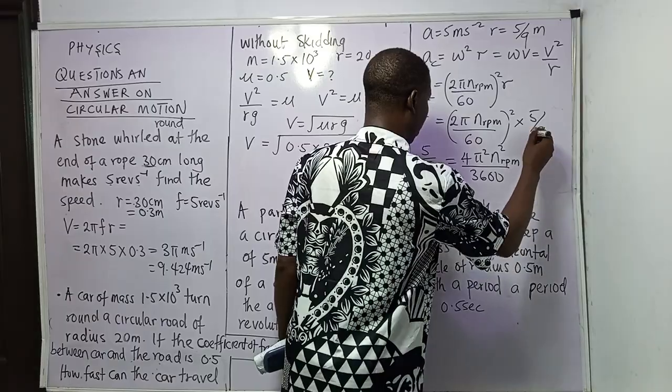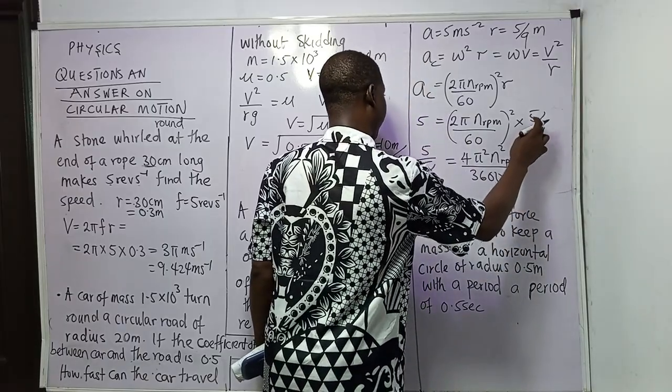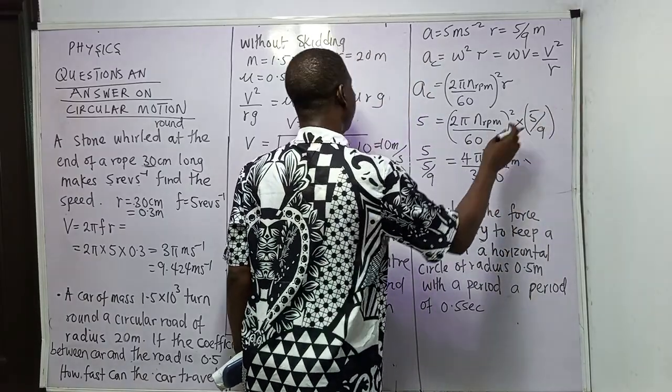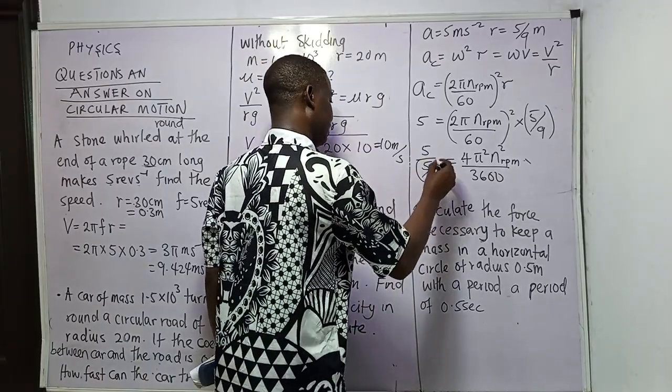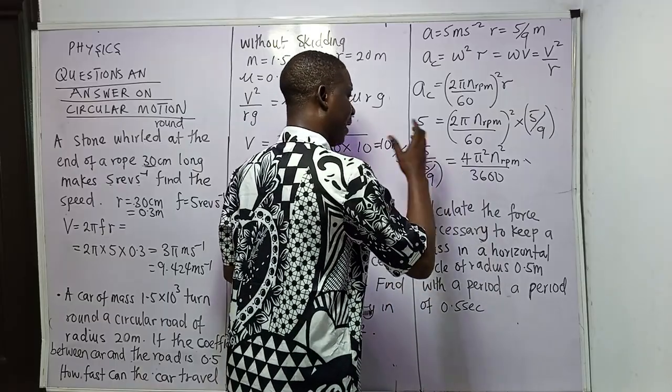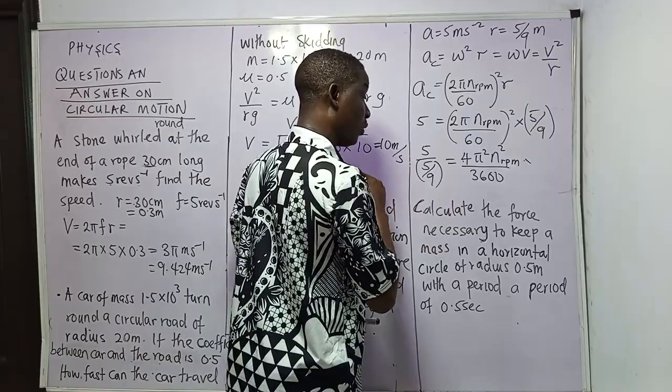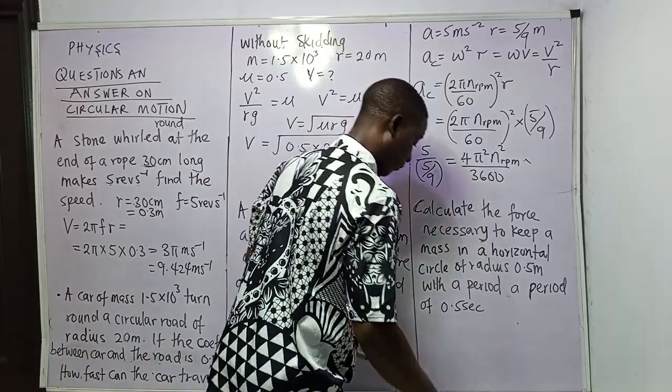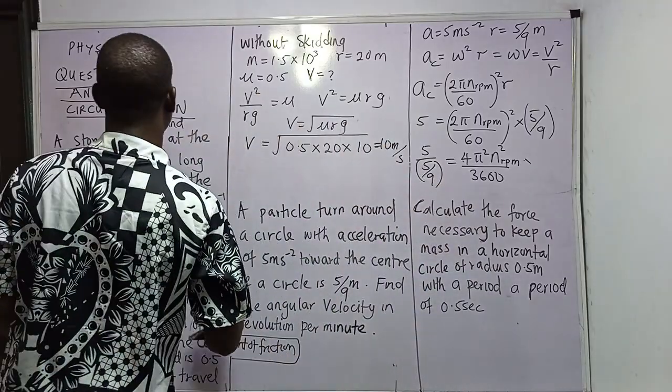Because we divided both sides by 5/9 to take it away from there. Now what we are going to have next is how we can make n the subject of the formula.